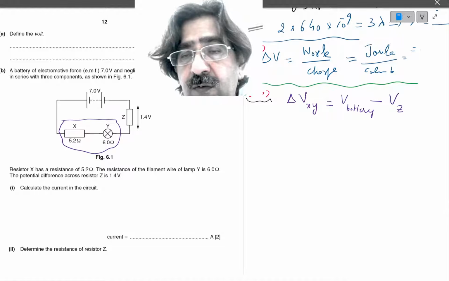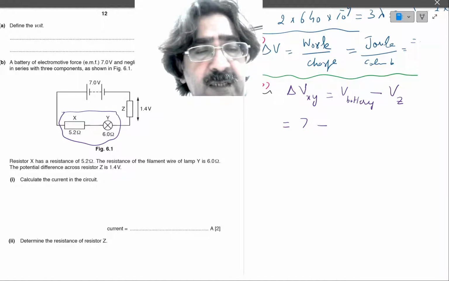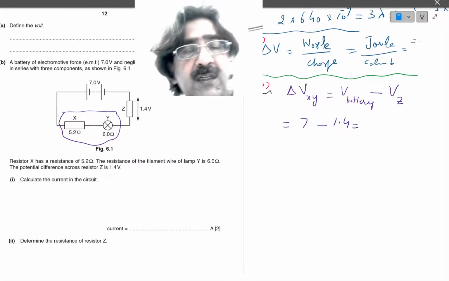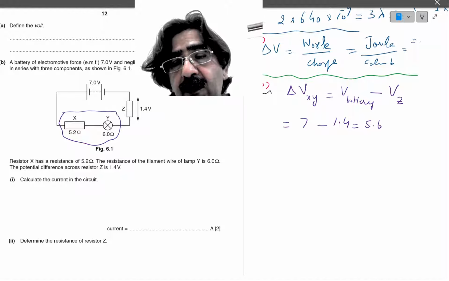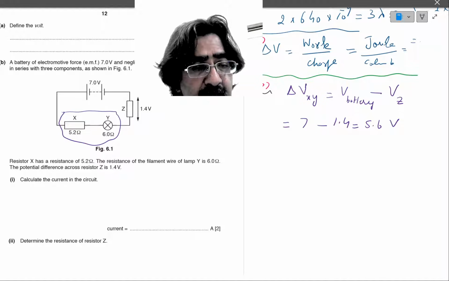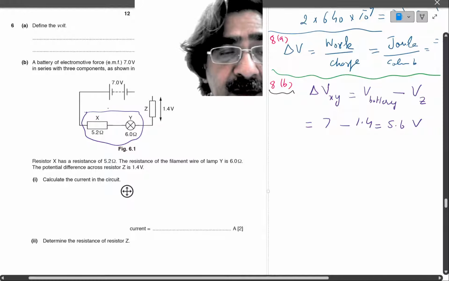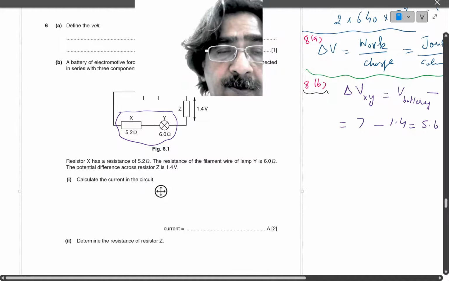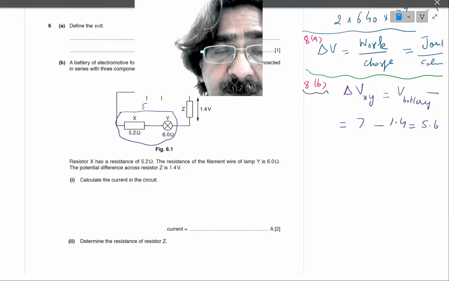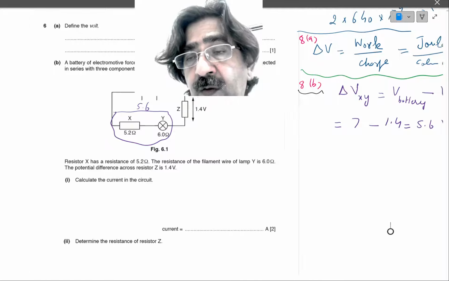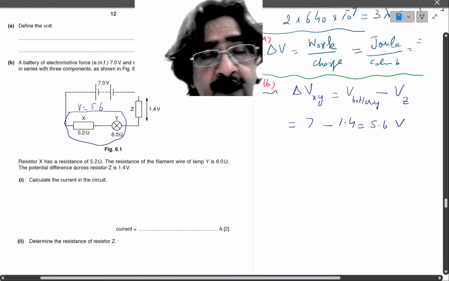As battery voltage is 7 and Z voltage is 1.4, the result will be 5.6 volt.